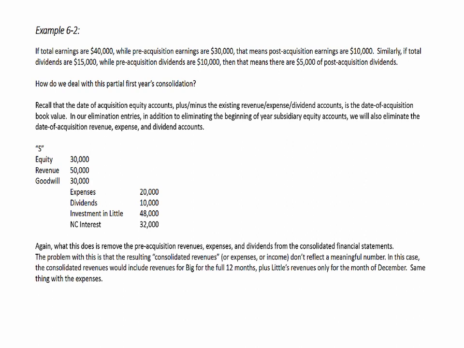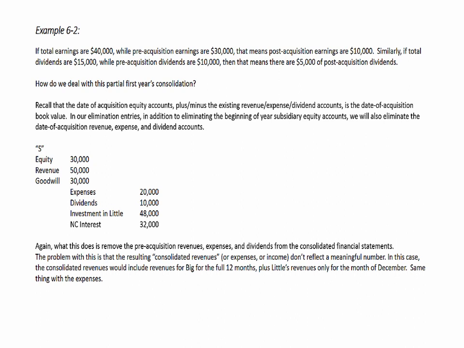The problem with this is that the resulting consolidated revenues or expenses or income or dividends don't reflect a meaningful number. In this case, the consolidated revenues amount is going to include Big's revenues for the full 12 months plus Little's revenues only for the month of December. We are eliminating Little's revenues for January through November. Same thing with the expenses.